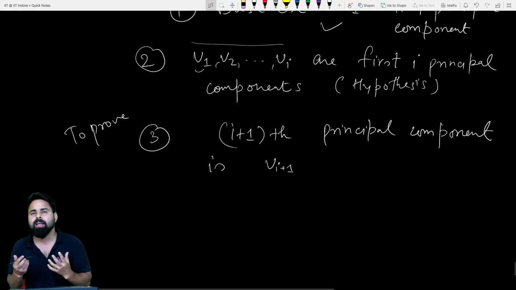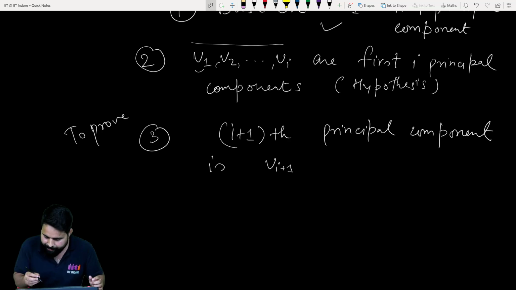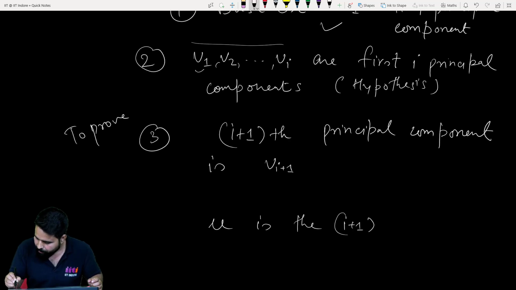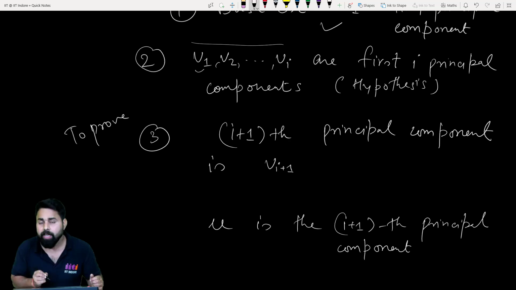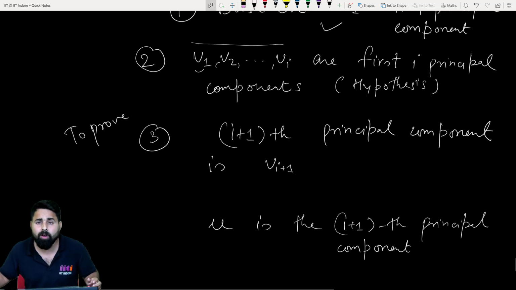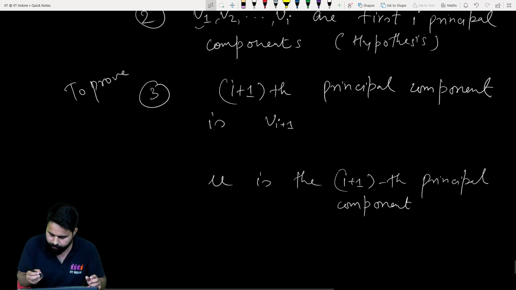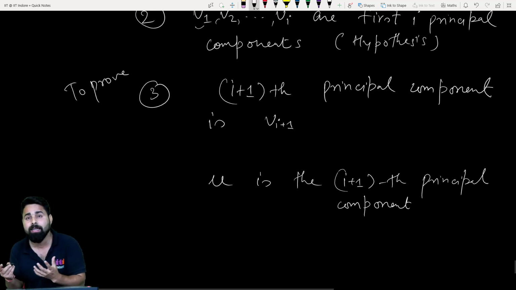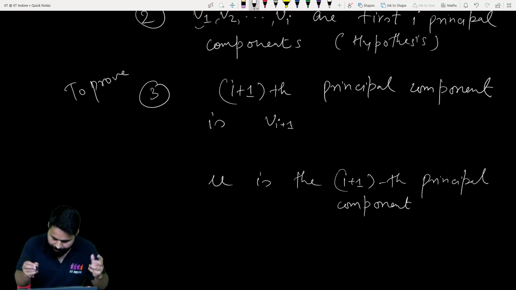So let us assume that U is the (i+1)th principal component. What will be the variance along U? When we project our data points along U, the variance is U transpose SU, as we have already said.